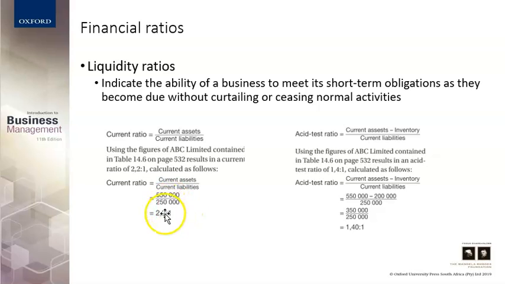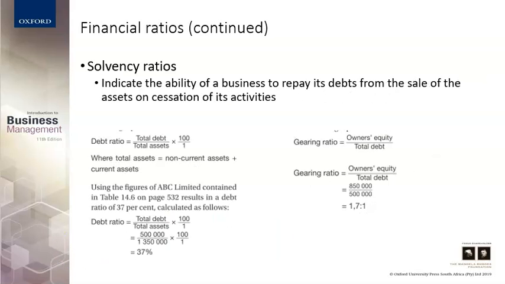Hence, you see, even in the examples that we give you, that you ought to refer to in your textbook, all the ratios that we calculated, we had to simplify them, and the right side, we always leave it as equal to 1. However, when it comes to the debt ratio, we always express it as a percentage.